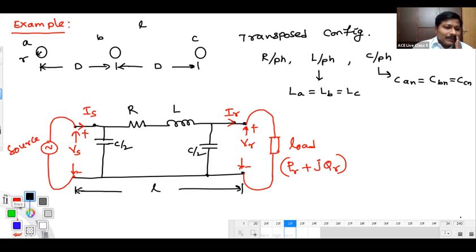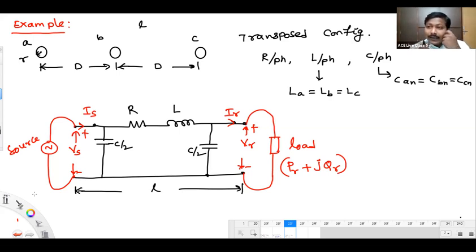Okay, listen please. What is the aim of constructing this equivalent circuit? We said already at the starting of this chapter, the aim of steady state performance analysis is to know whether the transmission line is operating satisfactorily or not at a given loading condition.